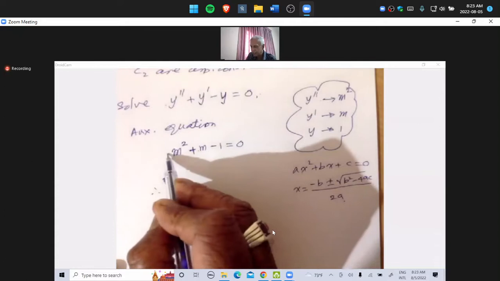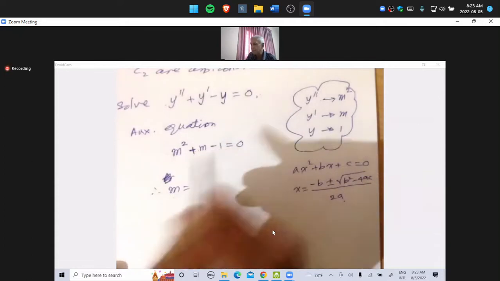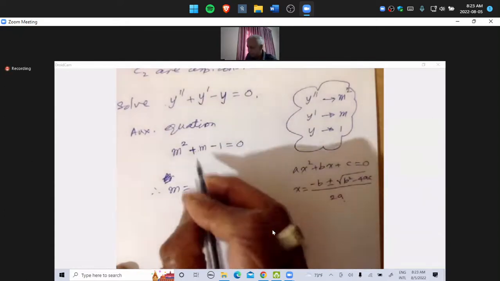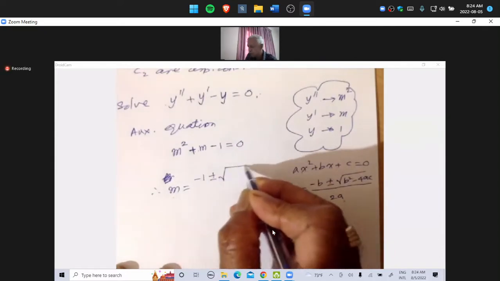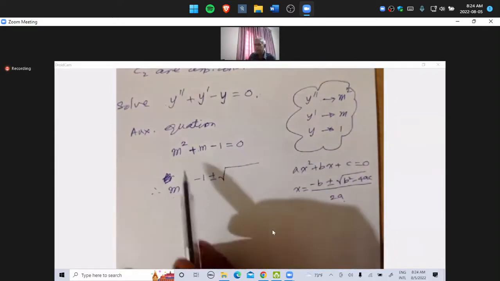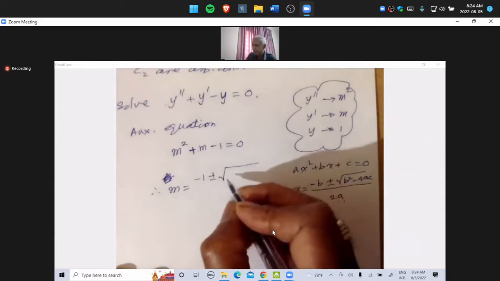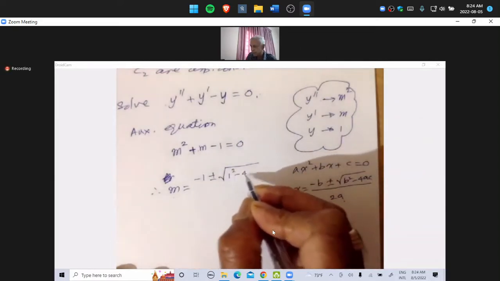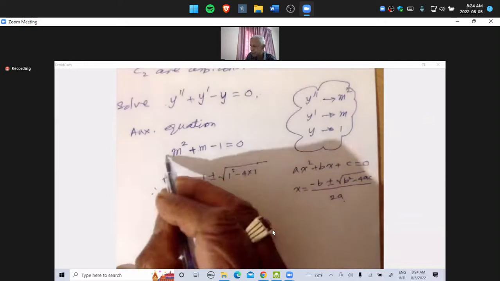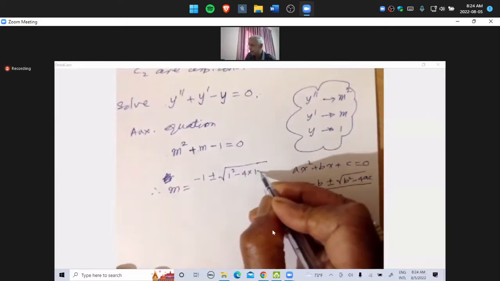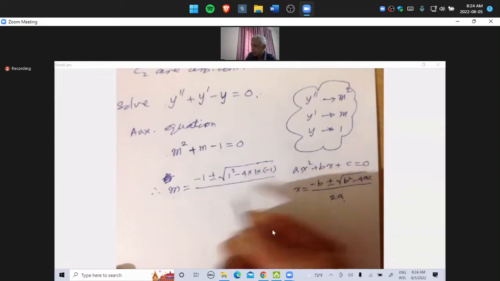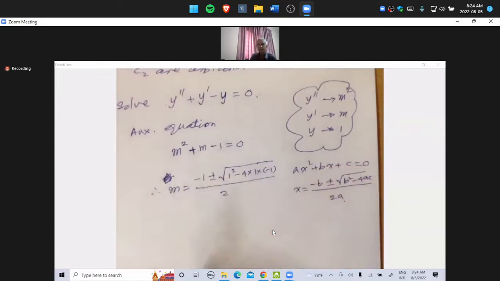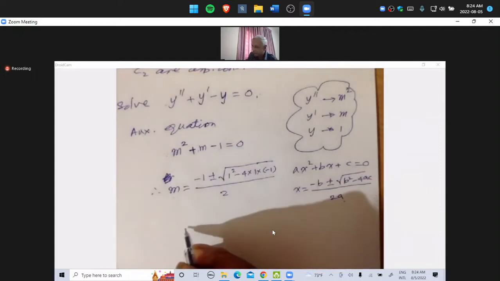A is 1, b is 1, c is minus 1. So minus 1 plus or minus square root of 1 squared minus 4 times 1 times minus 1, divided by 2 times 1. So I use the quadratic formula to write down the solutions.